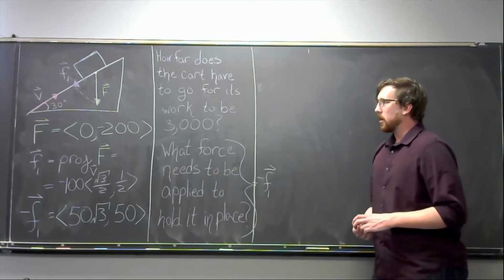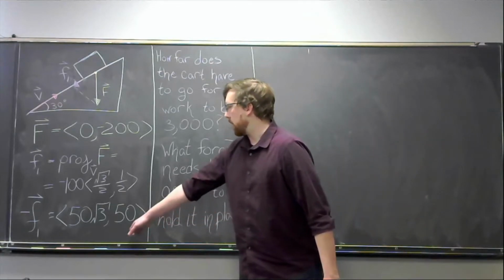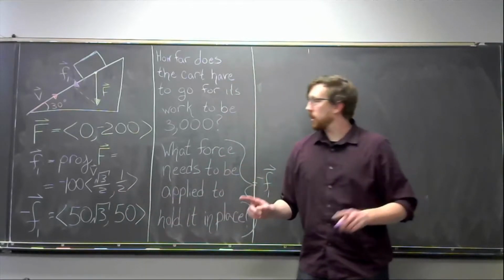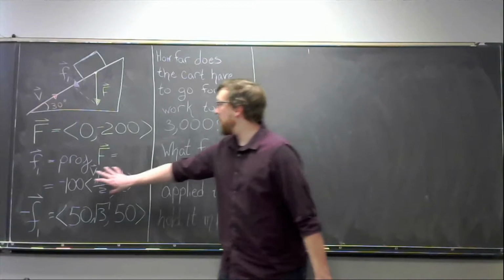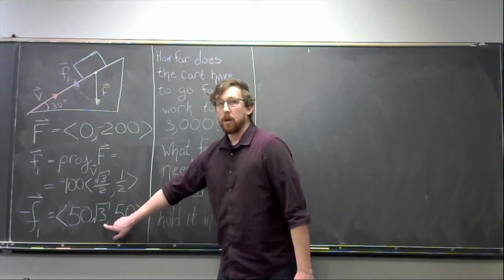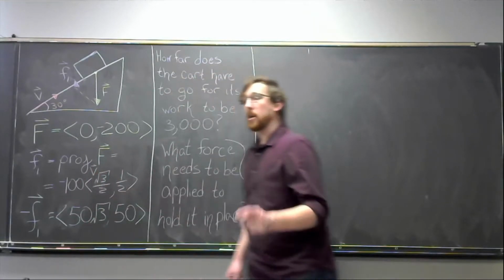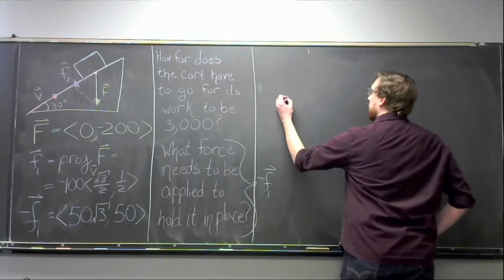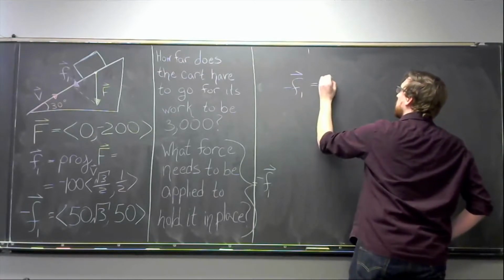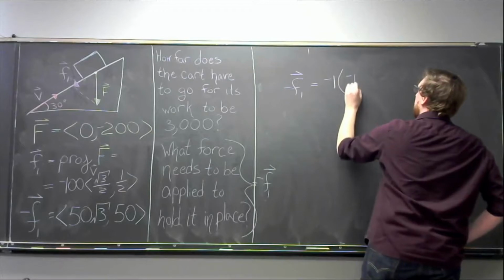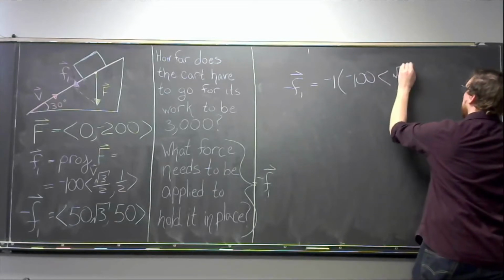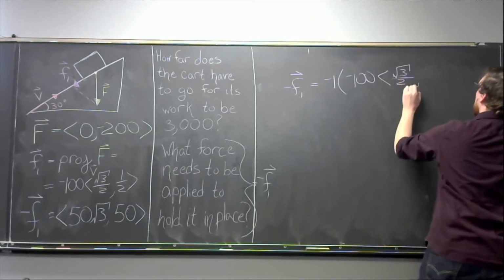But you would be correct if you just wrote 100 times the square root of 3 over 2, comma, negative 1 over 2. Now it's important to notice this vector is not equal to this vector. This is in the opposite direction, right? This is in the opposite direction and reduced. What I did was I said negative F1 is equal to negative 1 times the vector 100 times square root of 3 over 2, comma, 1/2.